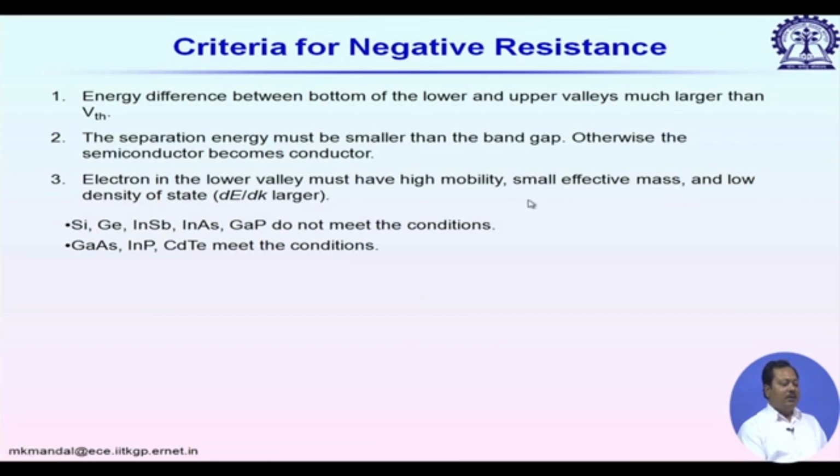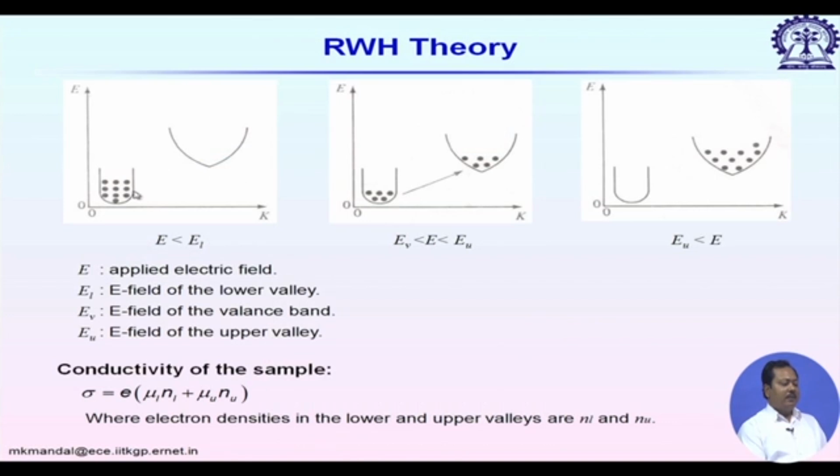Low density of states means the rate of change of E with respect to k should be larger, as shown in this figure. If I look at the edges for the second conduction band, you see it is more flat.